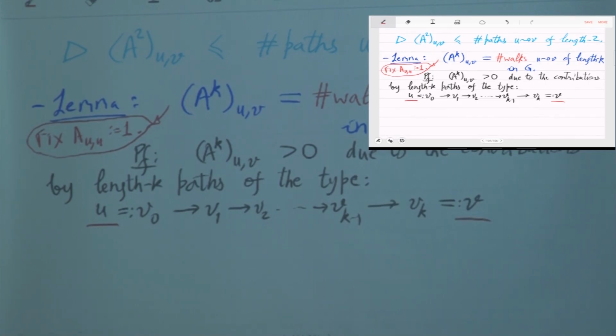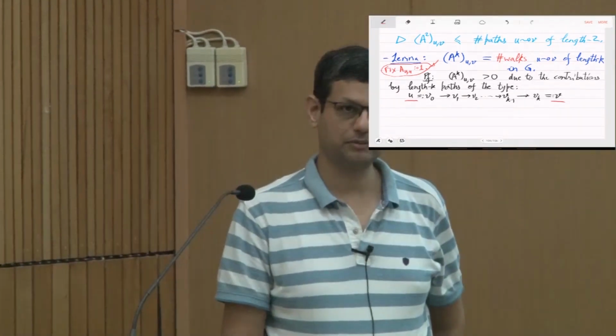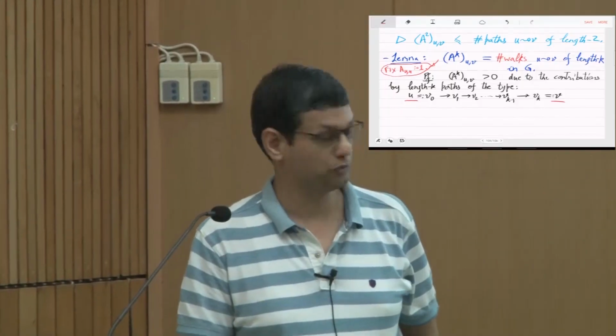So in the graph, what happens is from u to v, if you can walk this way, it doesn't matter what these vi's are. Since we have also added self loops, they may also be consecutively the same, v1 and v2 may be the same vertex. So everything is allowed as long as you can do this walk physically. This will actually contribute in the matrix power, and each such walk contributes exactly 1. This you can check.